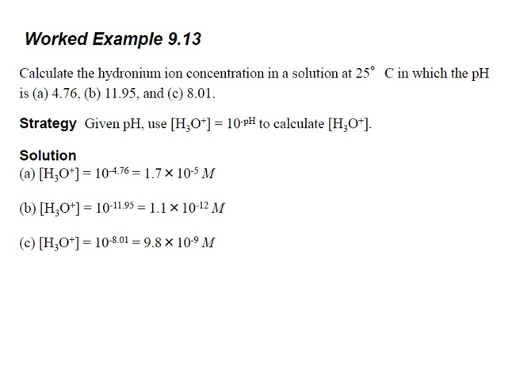Example 9.13. Calculate the hydronium ion concentration in a solution at room temperature, 25 degrees Celsius, in which the pH is, and it gives these three values, 4.76, 11.95, and 8.01. This is called taking the anti-log. This is where you get power of hydrogen, so it's raised to an exponent.